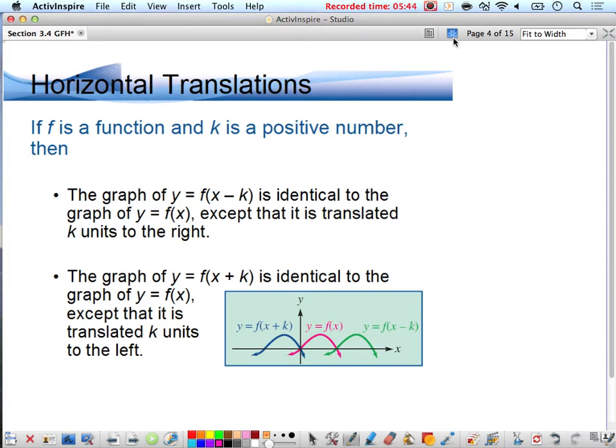horizontal translations. Horizontal translations take every point on the graph and they shift them either left or right. You have to be really careful with horizontal translations because they produce the opposite effect of what your brain naturally thinks.